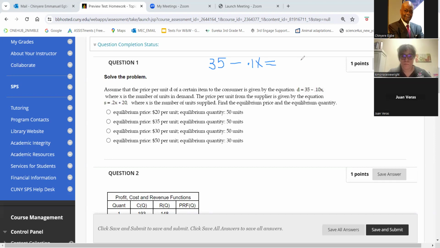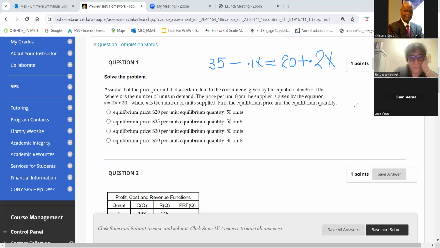That means that the two equations should be the same, equals 20 plus 0.2x, right? So now the two equations are the same. That is, the buyer's equation becomes equal to the seller's equation. So you achieve equilibrium. That is where the two lines intersect.